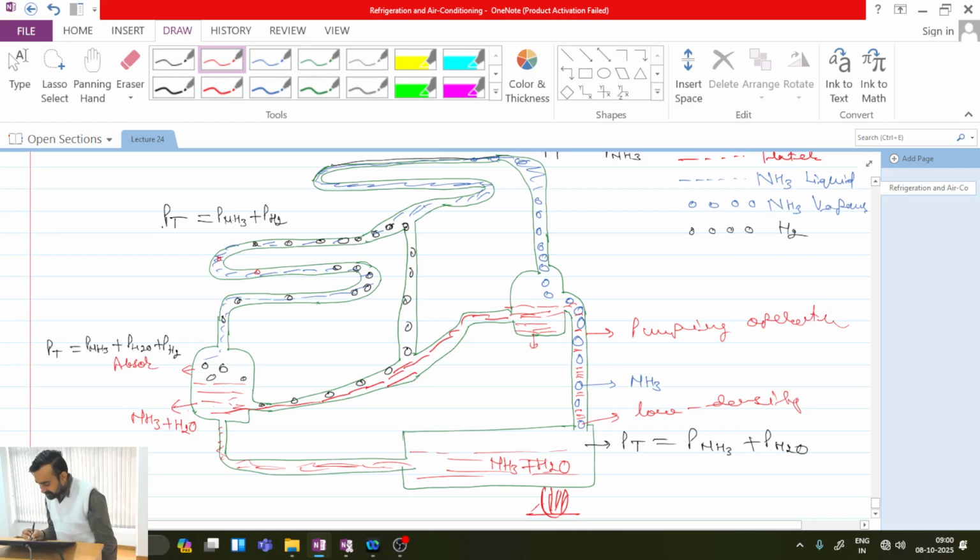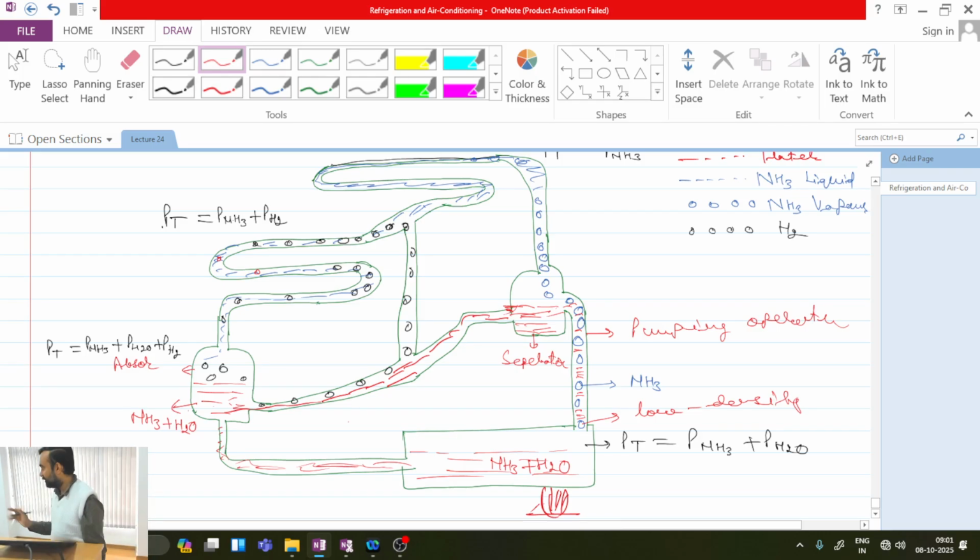Now we have a separator tank over here. In the separator tank, what will be happening? There is a big volume, so liquid will settle at the bottom and vapor from the top will keep moving upward. This particular outlet is designed in such a way that it always remains below the liquid level so that ammonia vapor cannot escape through this route.